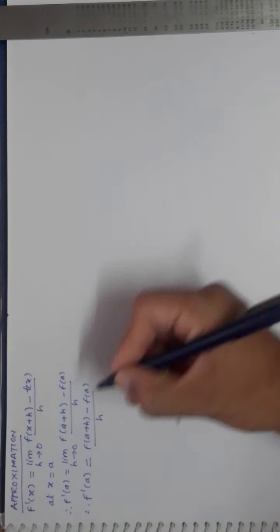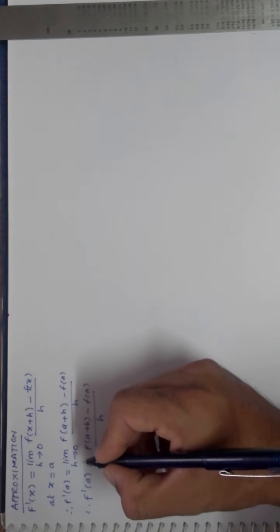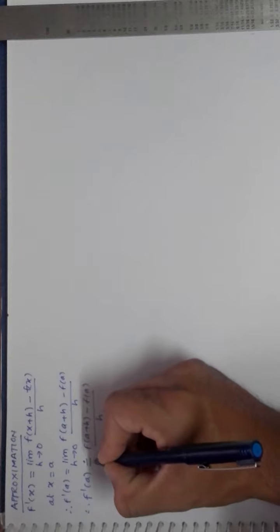It is a limiting value, na? So it is not reaching that particular value exactly, but it is trying to reach that value. So it is not exactly equal, it is approximately equal. So we put this sign showing approximation.